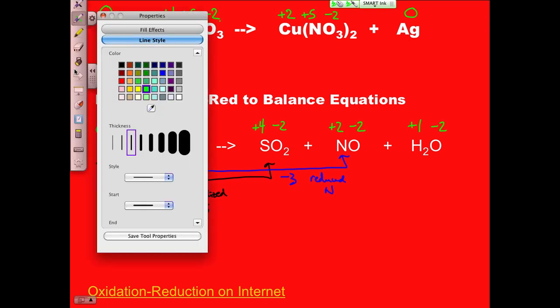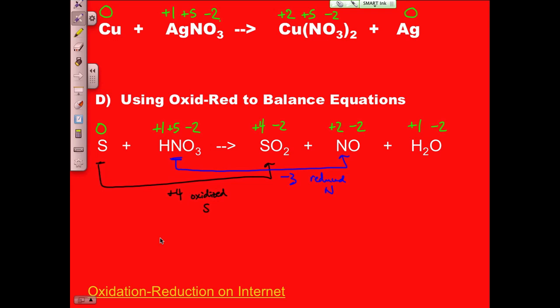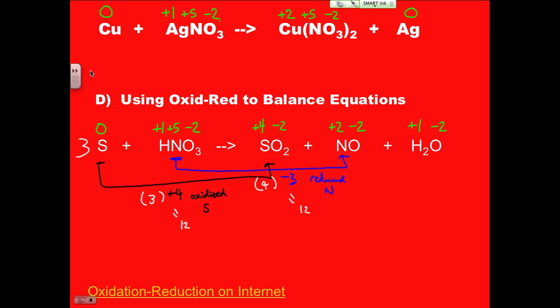So, what times 4 equals 12? 3. So, we're going to put a 3 in the front of the one that changed, S. What times 3 is going to be 12? 4. So let's put a 4 in front there. Now that gets us started for the balancing of the equation.